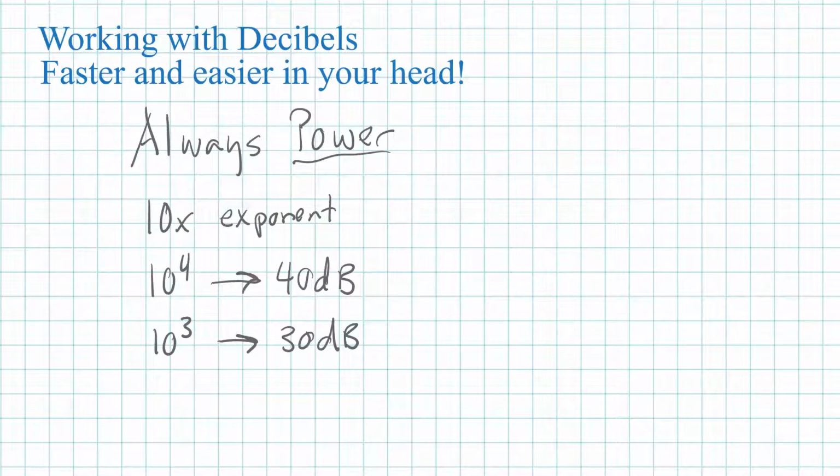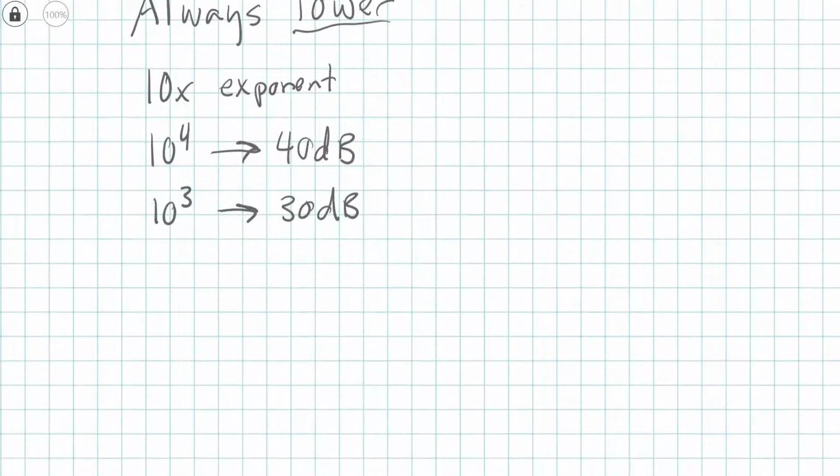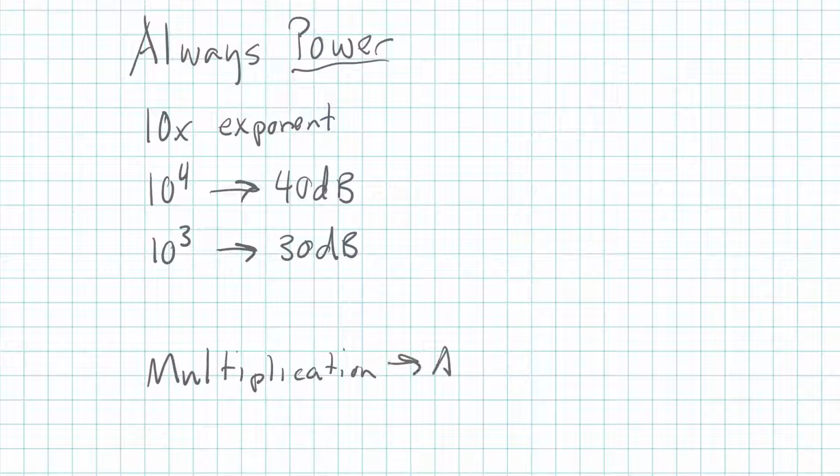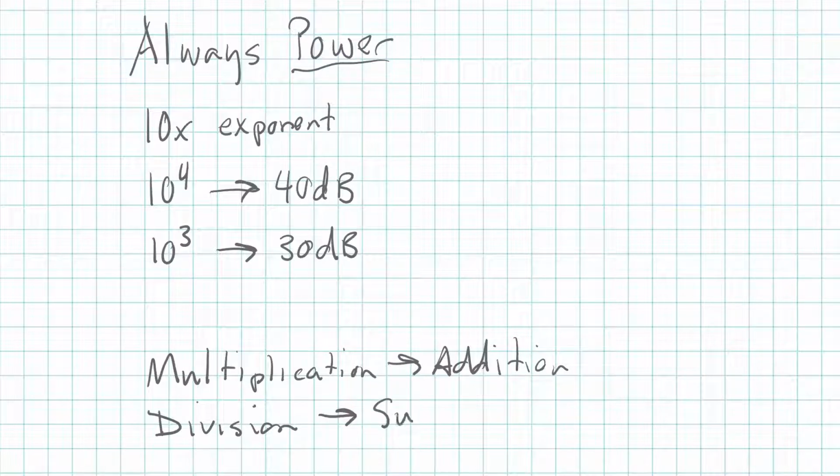Another thing that is appealing about the dB system is that since you're working with exponents, the operation of multiplication when you're cascading blocks becomes addition, and division likewise just becomes subtraction.